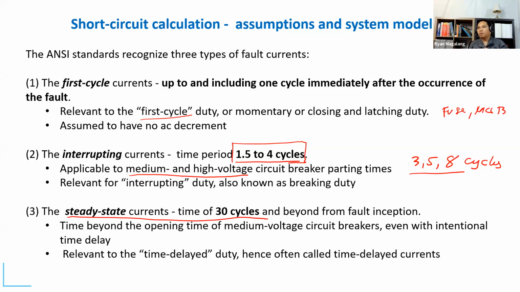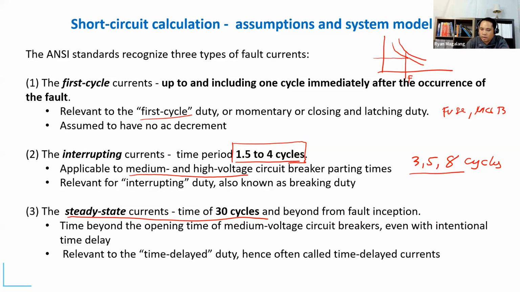When you do your time current coordination, there will be delays, just for analysis, right? So normally we're talking in seconds here. So the fault, let's say that's your fault current.